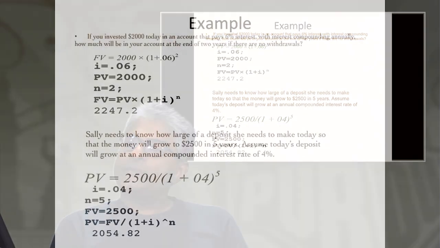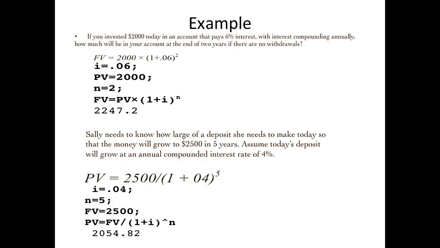So in this case, the code is telling us if you invest 2000 today, that tells you right away that it's the present value of that $2,000. That's what's given to us. The interest rate I is 6% or 0.06 in fractional form. And it's also telling us that the interest is compounding annually, which means that it's once a year.